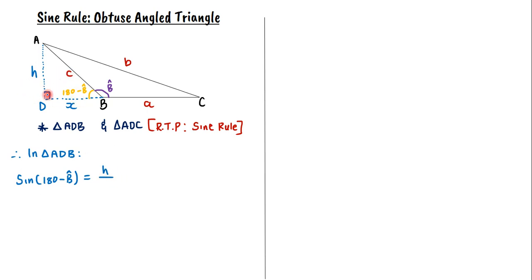The hypotenuse for triangle ADB is side C.